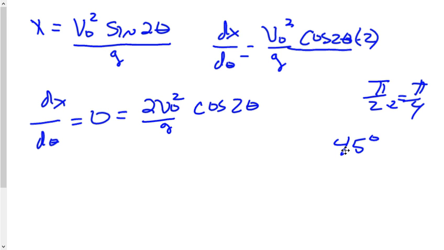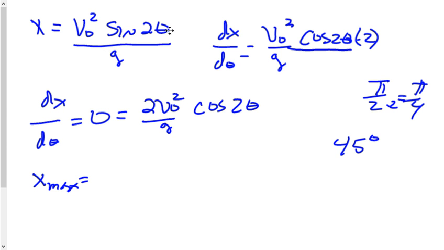Well, let's go back to this equation here and plug pi over 4 in. So we're going to call this x max, or the maximum range. Putting pi over 4 in this equation actually makes this pi over 2. Well, what's the sine of pi over 2? That equals 1.